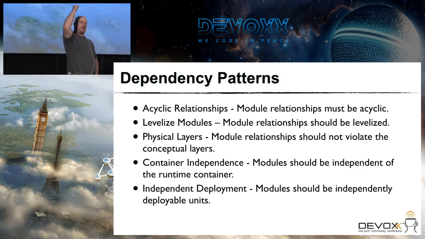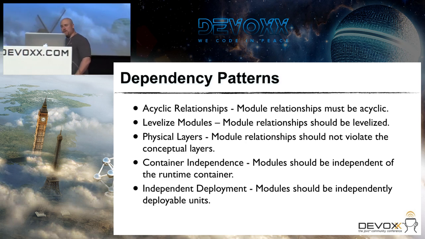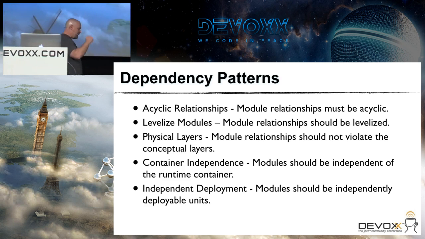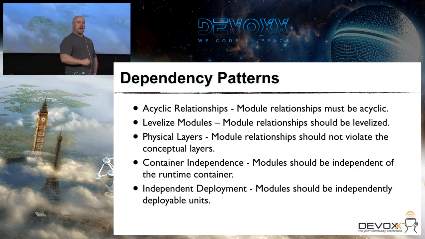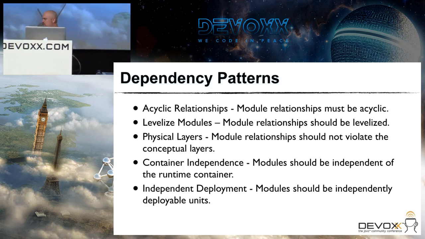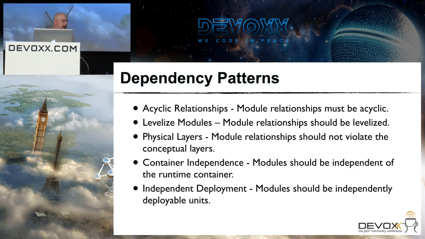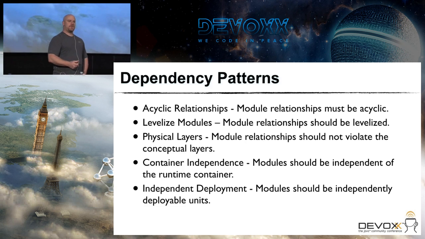So if I have a class in my UI layer that is dependent on a concrete class in my domain layer, and my domain layer is dependent on a concrete class in my data access layer, then I don't have the ability to substitute new layers in for existing ones. I can't rip out my data access layer and replace it with something else.